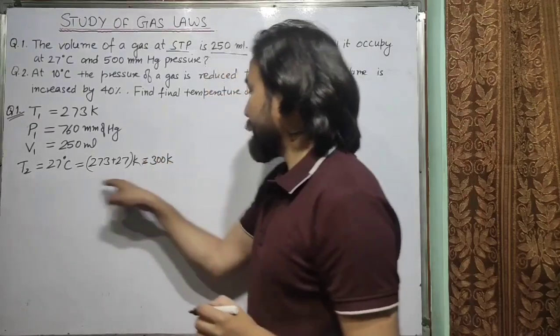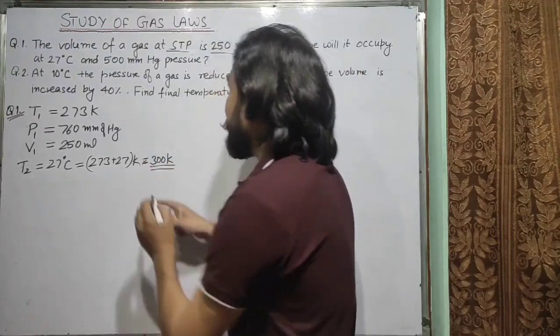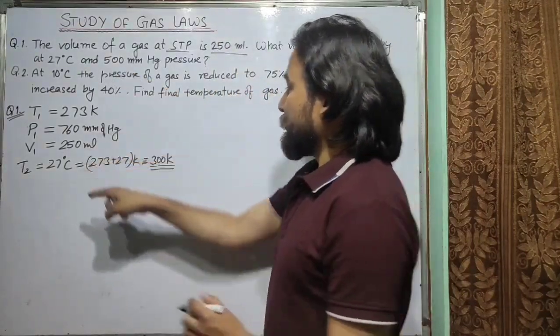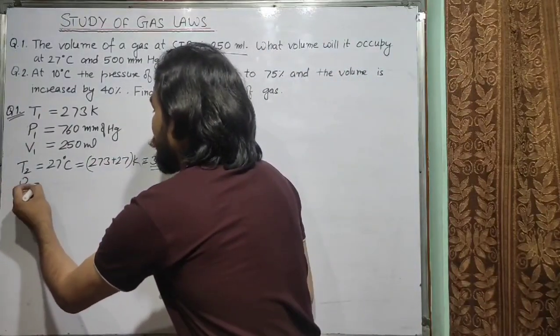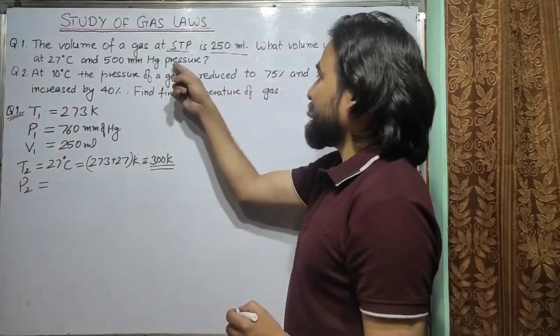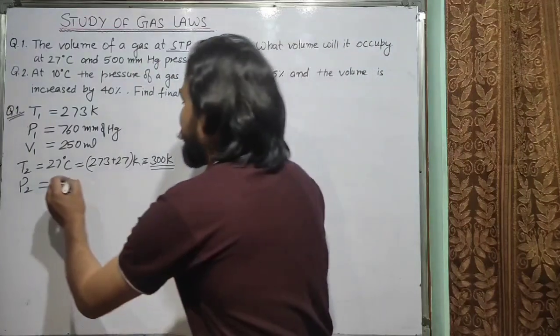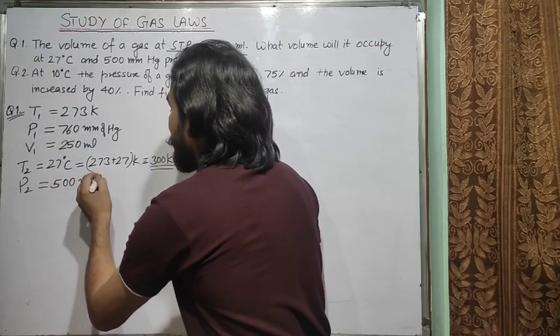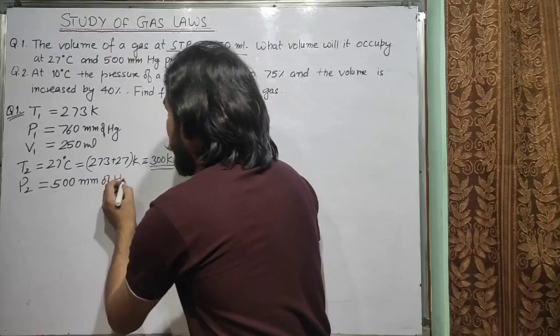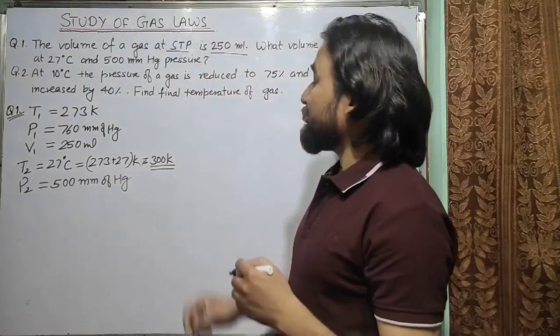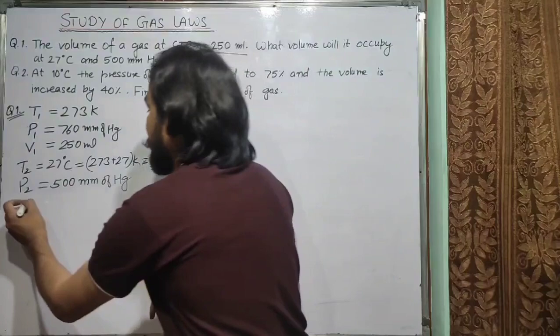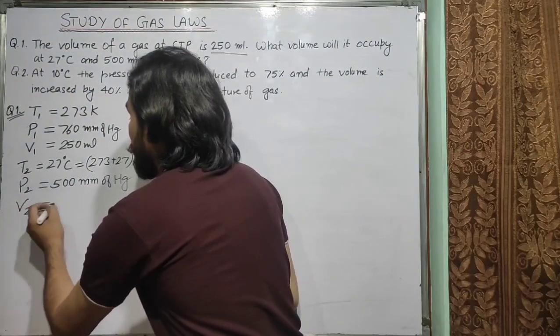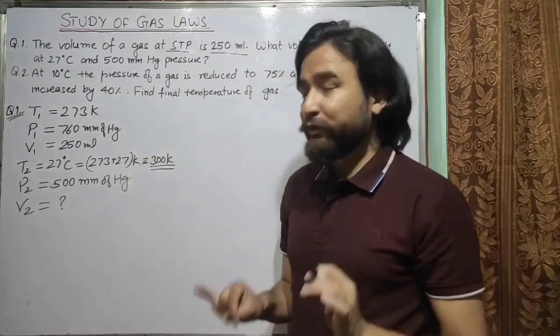So the value of T2 is 300 Kelvin. Now P2, is P2 given to you? Yes, it is 500 mm of Hg. So you have to write down P2 equal to 500 mm Hg. Now the third thing that you have to calculate is V2. V2 is not given, you have to calculate V2 here.